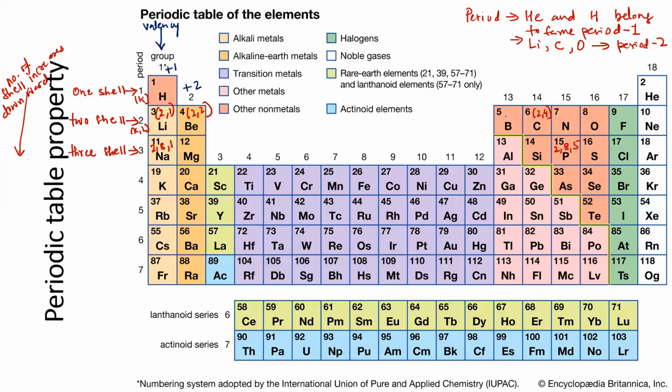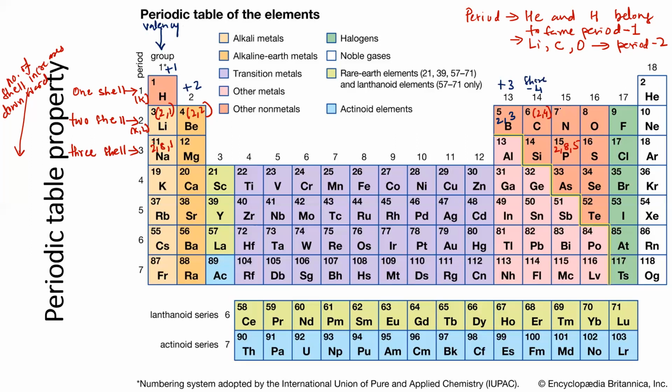And then boron is 2, 3, so it has a valency of +3. Carbon has 4. It can give 4 or take 4. It can do it either way. And technically it will share actually. It will like to share.